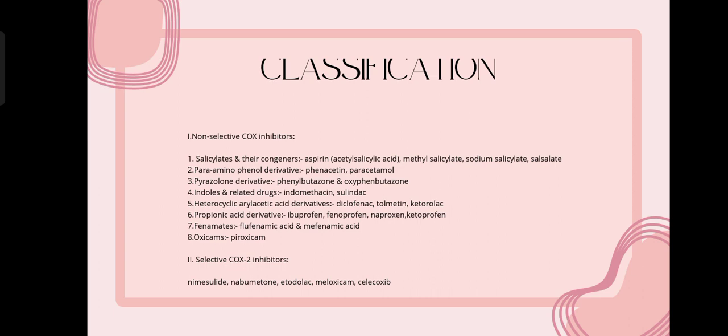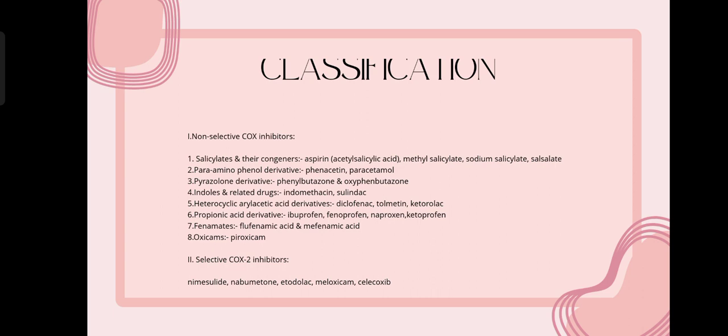Sixth category is propionic acid derivatives: ibuprofen, fenoprofen, naproxen and ketoprofen. Basically this class is used for muscle pain. Seventh category is fenamates: flufenamic acid and mefenamic acid.